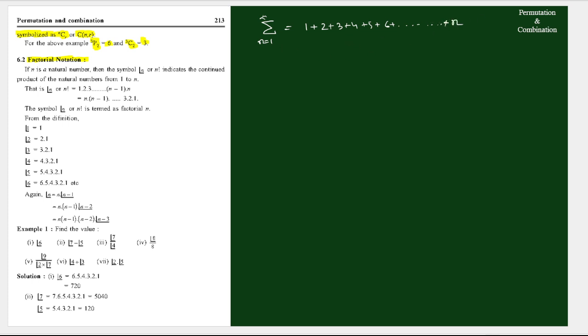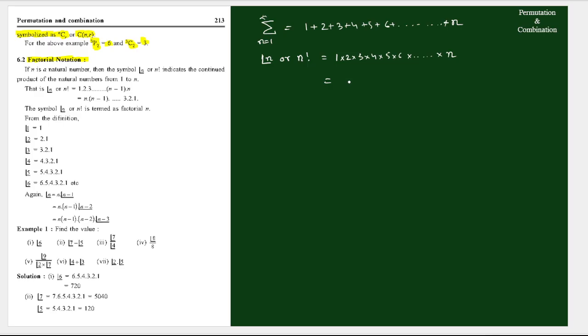This is your summation. Now for factorial of n, instead of a sum with plus, it will be a product: 1 into 2 into 3 into 4 into 5 into 6. It will go on like this up to n, or it can be written like this.